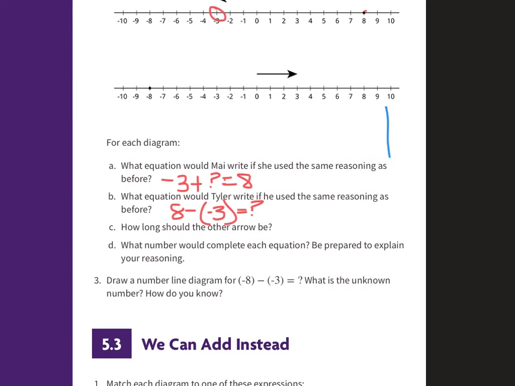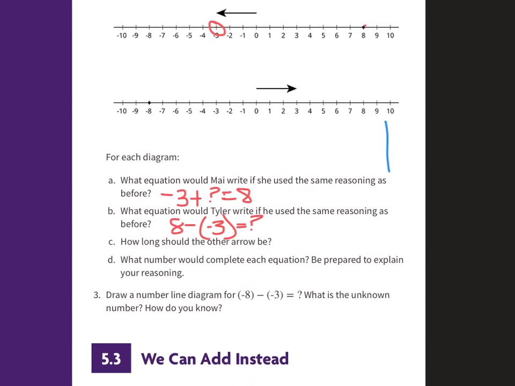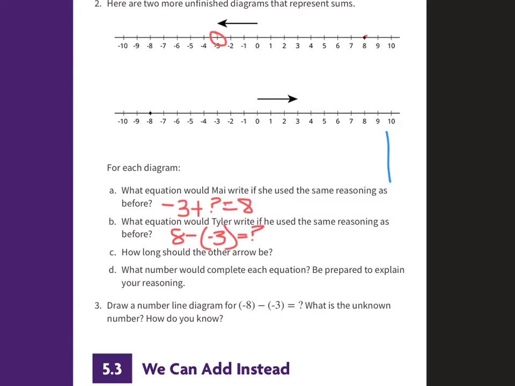So how long should the other arrow be? Well, to get from negative 3 all the way up to positive 8, we are going to add 11. So 11 for the first one. What number would you complete each equation? Be prepared. So it's still 11.